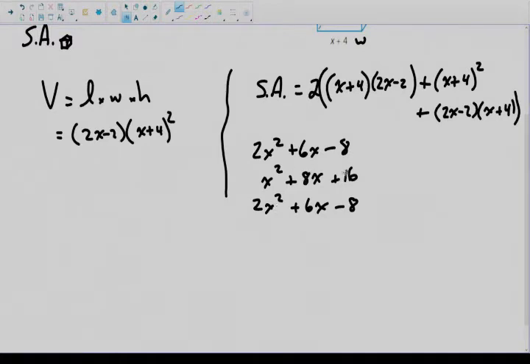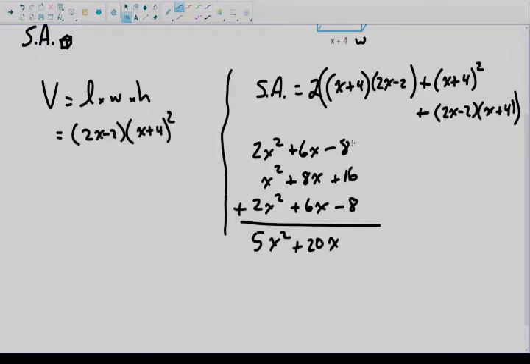So now we're just going to add all of those up, right? We've got 2x squared plus x squared plus 2x squared. You could have laid this out however you wanted to, folks, but I'm just choosing to do it this way. So 4 plus 1 is 5x squared. 6x plus 8x plus 6x is 12 plus 8, which is 20x.